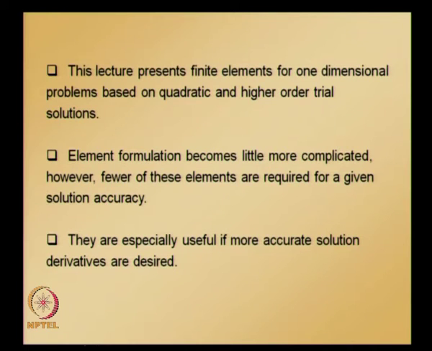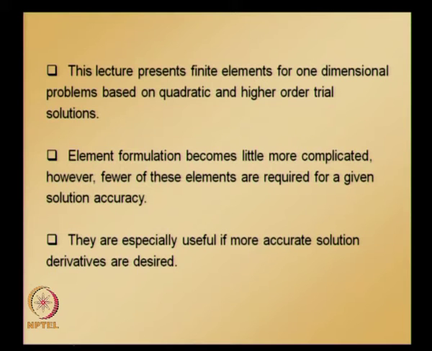These higher order elements are especially useful if more accurate solution derivatives are desired. If you recall, we are usually after the solution and not its derivative, but if somebody is interested in the derivative of the solution, or accurate values of, let us say, strain, then higher order elements are very useful.